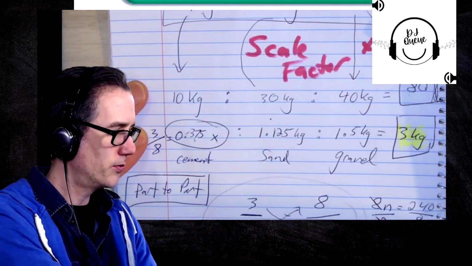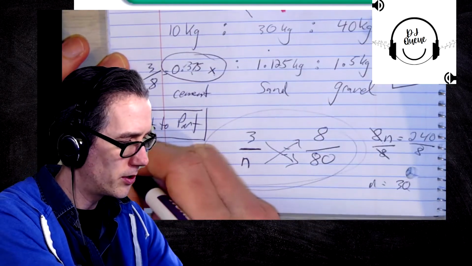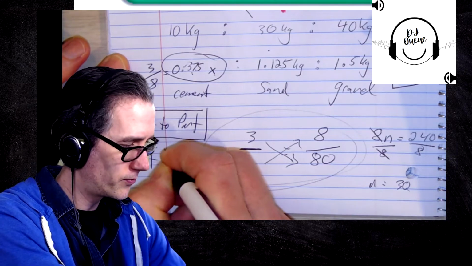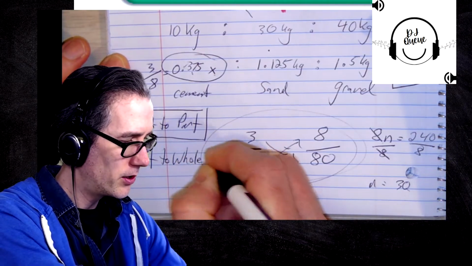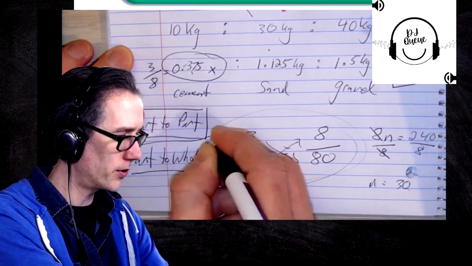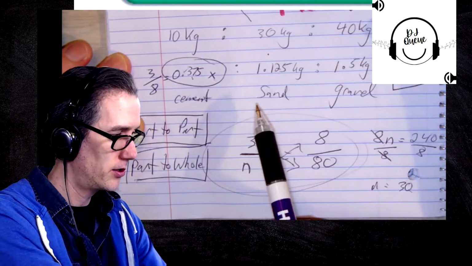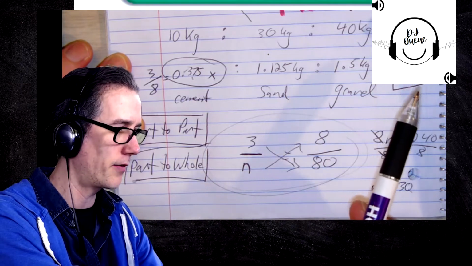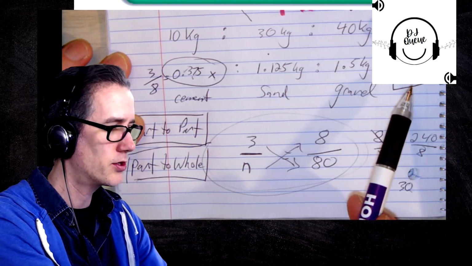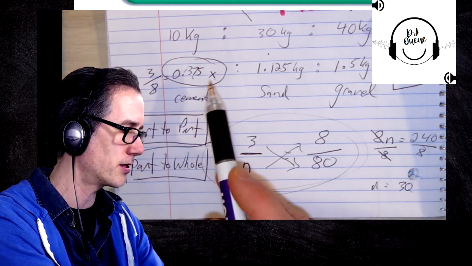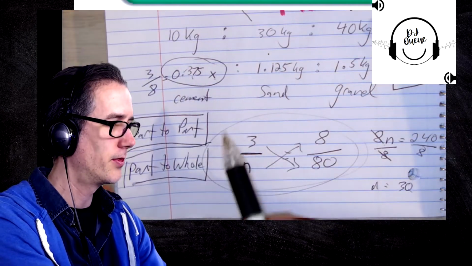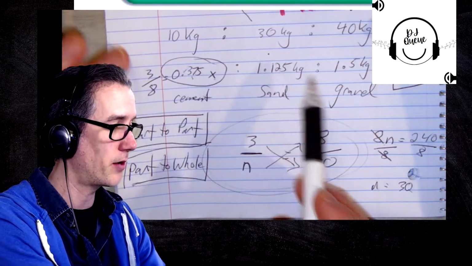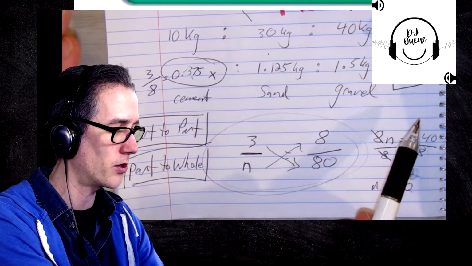You could also do part to whole. You can compare the part, like the sand, to the total amount of concrete that you're making, right? So you can do part to part, like comparing cement to sand, or you can compare the sand to the total amount of concrete. So part to part or part to whole.